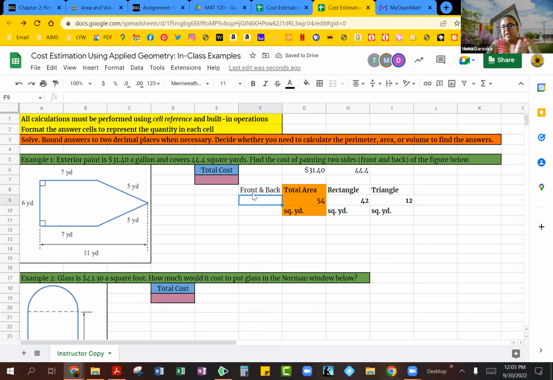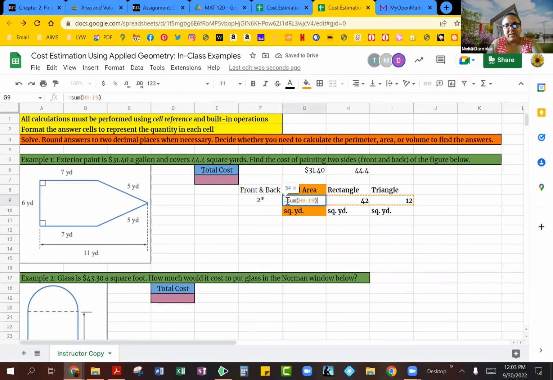So the 54 is just for one side of, as I said, I'm calling this guy a door. So what is going to be your front and back put together? Very nice, Terry. Yes, double it, because you will need to paint the front side and the back side. So we're going to do 2 times the 54.